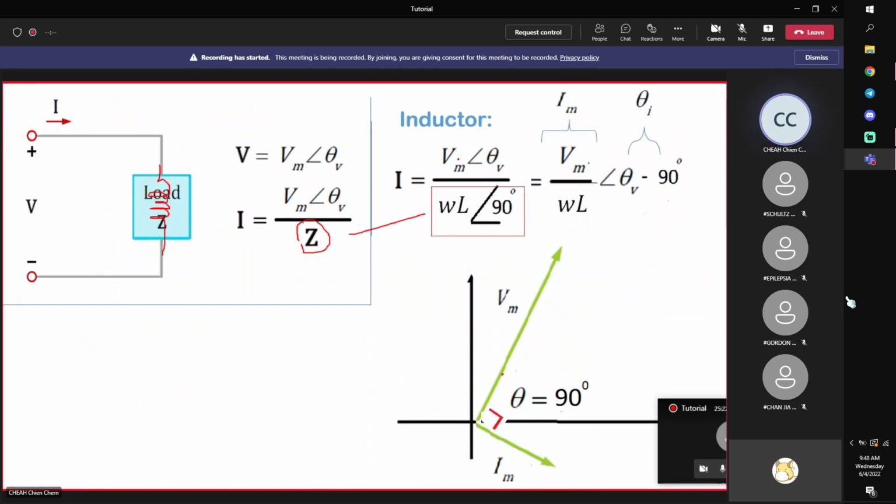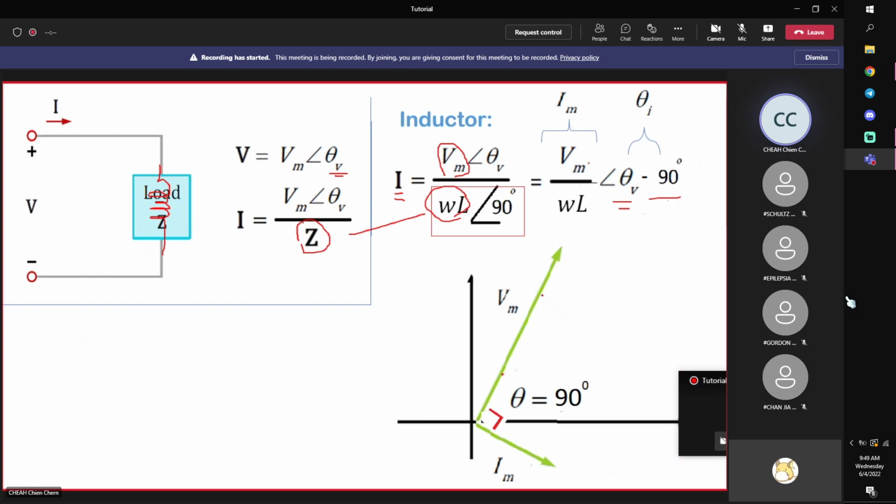If I divide this voltage by the impedance of the inductor, since they are in polar form, I just divide the magnitudes and subtract the angle, theta V minus 90 degrees. This means that your current is lagging behind your voltage by 90 degrees. Now in phasor form, this is how it looks.